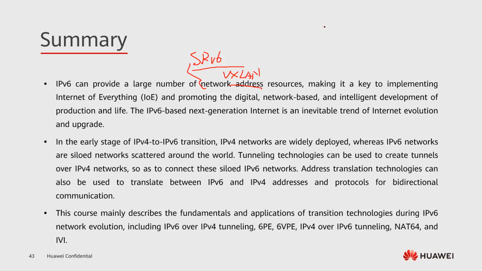In some scenarios we use 6VPE for the backbone network, for the campus network we maybe use dual stack, and for the data center sometimes we use NAT64. So only these three kinds of technologies are used, and for the other transition technologies, in my thought, there is no scenario to use them, but we need to know something about them. So this is the slide's key point.